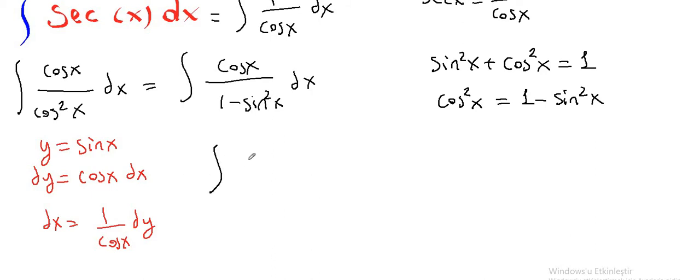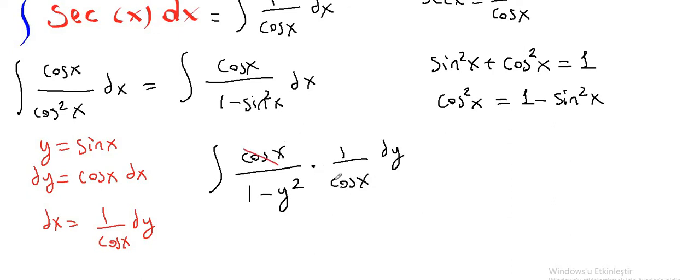So our integral turns into cosine x over 1 minus y squared times, instead of dx, we have 1 over cosine x dy. Cosine x's cancel out, so we have the integral of 1 over 1 minus y squared dy.